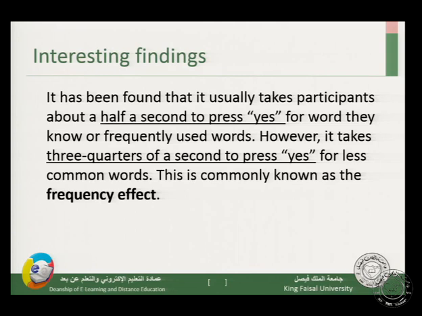It's a minor difference, yet by just conducting this kind of experiment, we are able to tell that our minds access words differently. The words which you frequently use are accessed more quickly than the words which you do not use frequently. I hope this is clear.